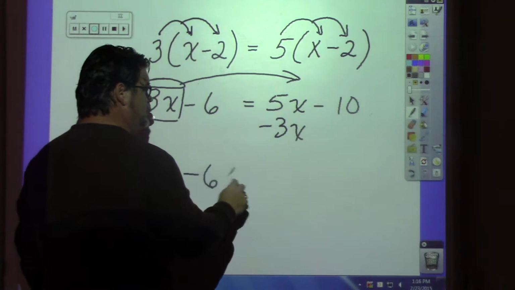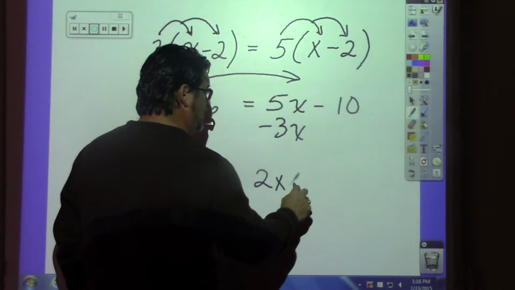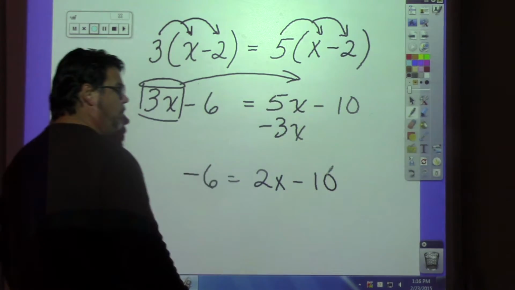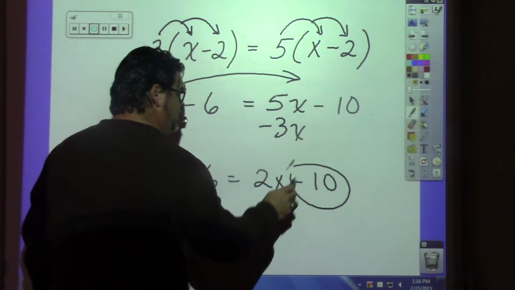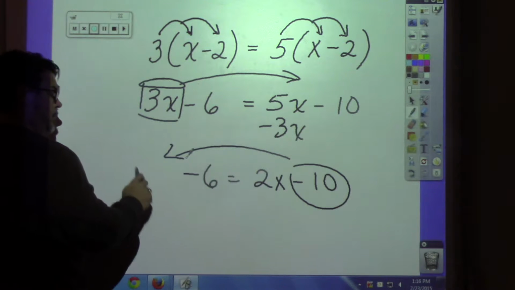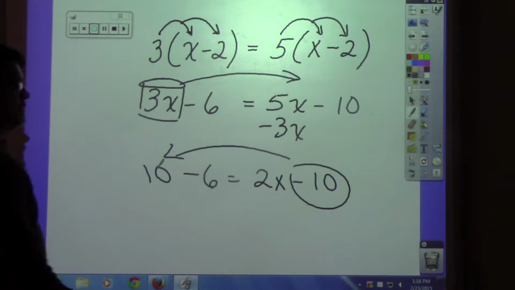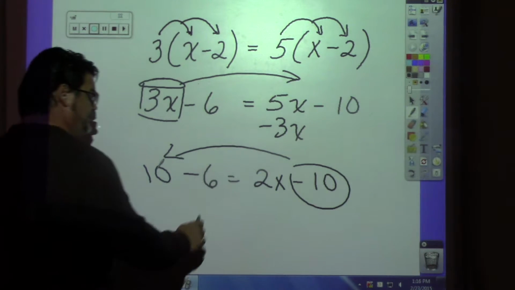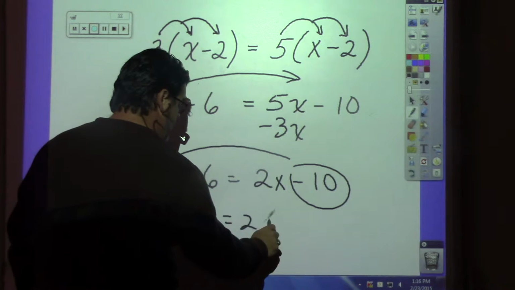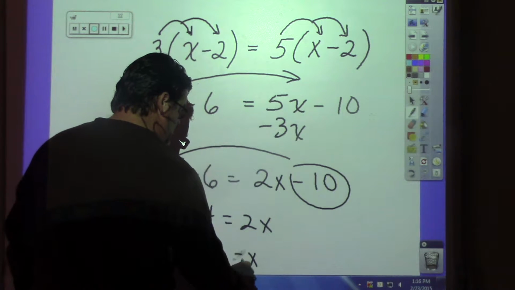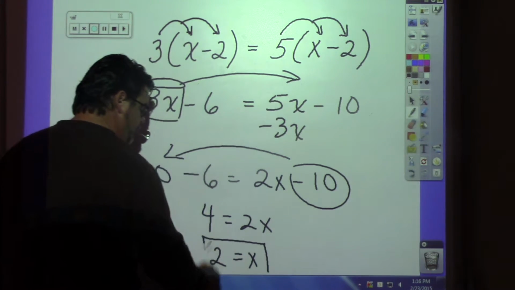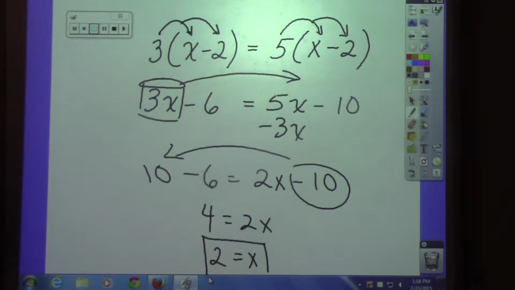Negative 6 is equal to 2x minus 10. That negative 10 comes across the river. And 10 minus 6 is 4. X is equal to 2. So everybody should have got x is equal to 2.